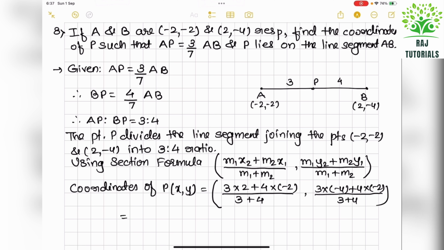So that will be equal to minus 2 by 7 comma minus 20 by 7. Therefore P(x, y) equal to (minus 2 by 7, minus 20 by 7).